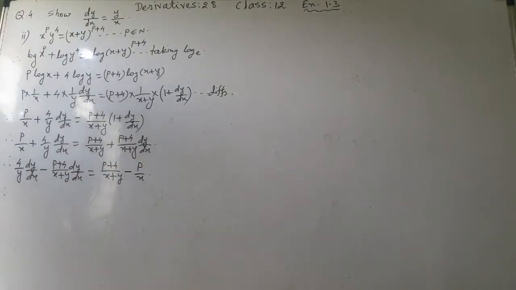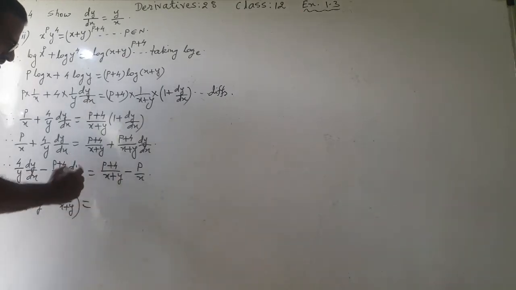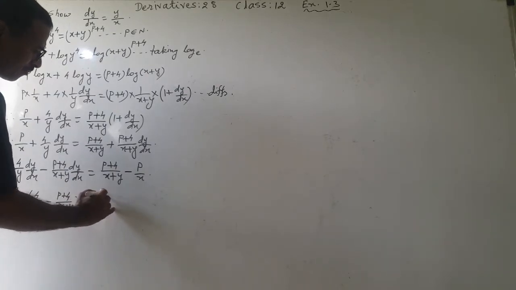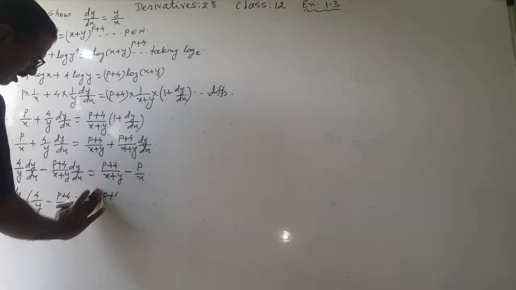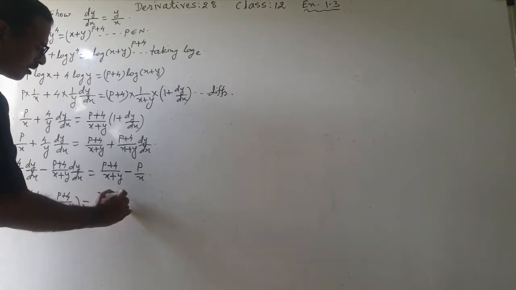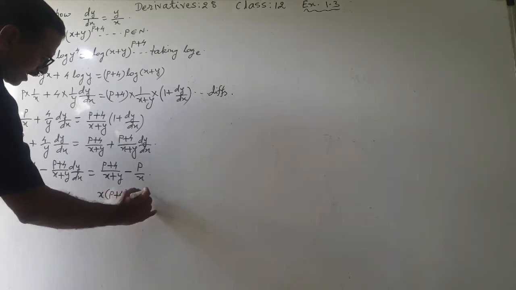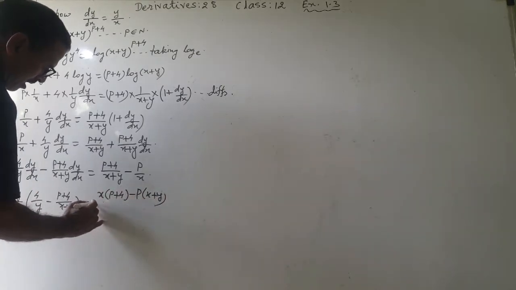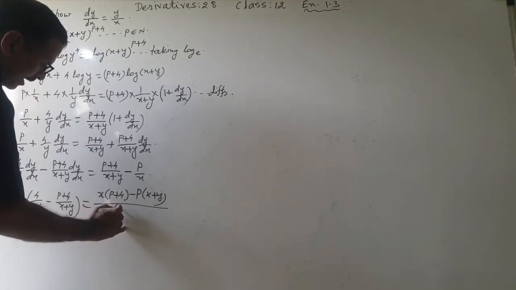Therefore, now simply we can take dy by dx common. So dy by dx into bracket 4 upon y minus p plus 4 upon x plus y is equal to, here we have to do the cross multiplication, x into bracket p plus 4 minus p into bracket x plus y upon x into bracket x plus y.